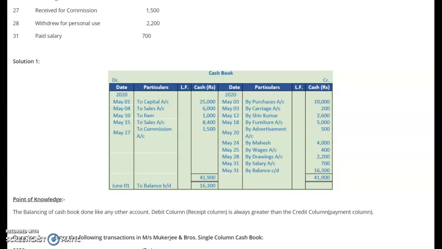There we would have the bank column on the debit side, and on the credit side also we have the bank column, that will record all the transactions undertaken with the bank. But that will be in the two column cash book, where two columns are drafted, one for cash and the other for bank. So here we will learn how to prepare the simple cash book.